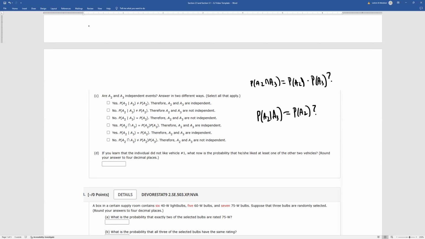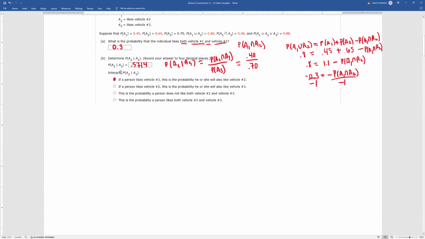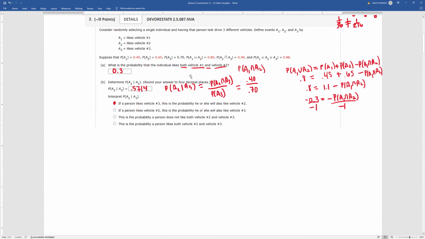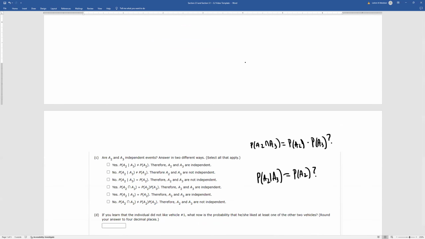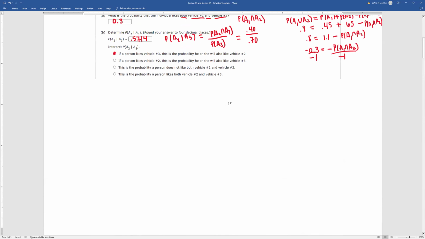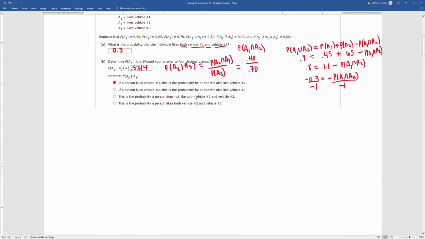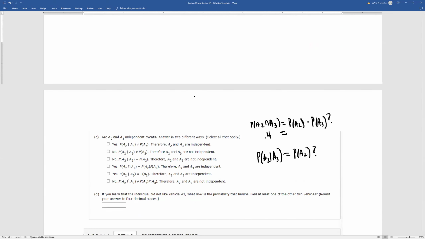So if you looked at the intersection of A2 and A3, did we have that given to us? Yes, that was 0.4. And then we look at our individual probabilities for A2 and A3, 0.65 and 0.70, and we just need to multiply that.